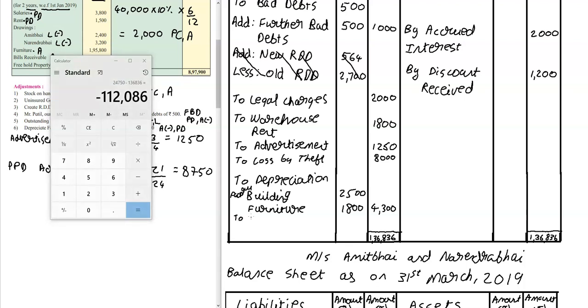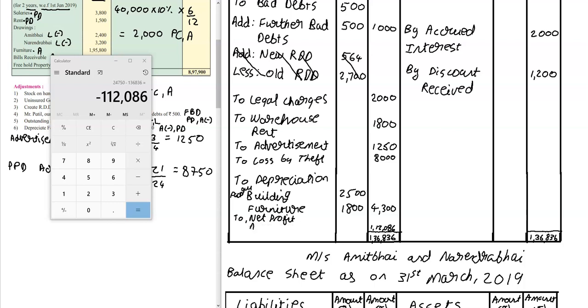So it will be to net profit. We know that that number is 1,12,086, but it will go to two people. And I'm squeezing this in. We have Narendra Bhai, and no, Narendra Bhai is the second partner.